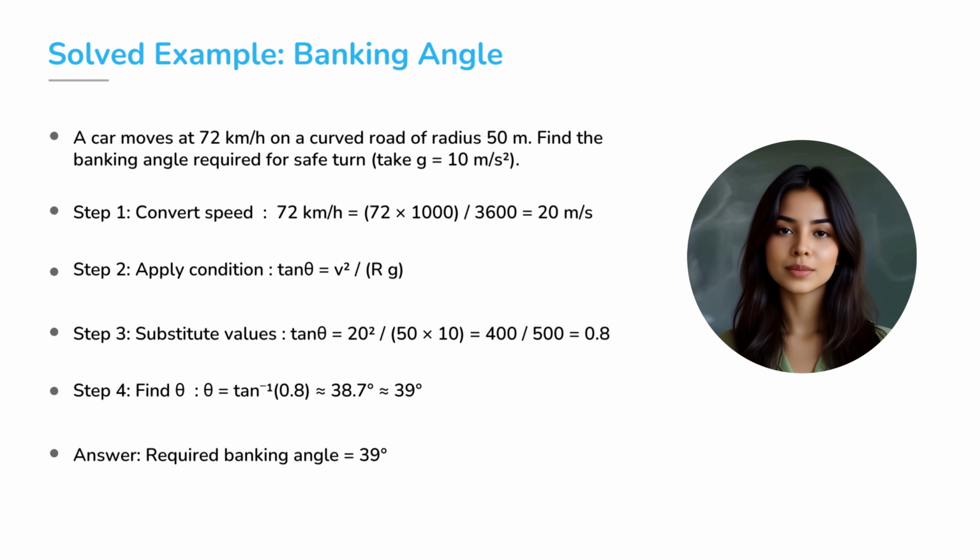Substitute values. Tan theta equals 20 squared divided by 50 times 10, which is 400 divided by 500, equal to 0.8. Step 4. Find the angle. Theta equals tan inverse of 0.8, which is approximately 38.7 degrees. Rounding off, the required banking angle is about 39 degrees.